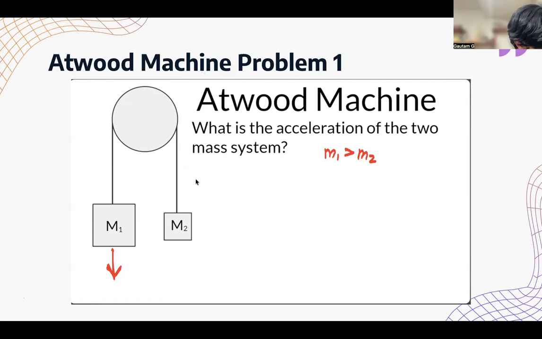Let's remember we did tension minus m sub one, the first equals m sub one a, correct? And since it's going downwards, this a is gonna be negative. A is going to be negative in this case because it's going downwards.